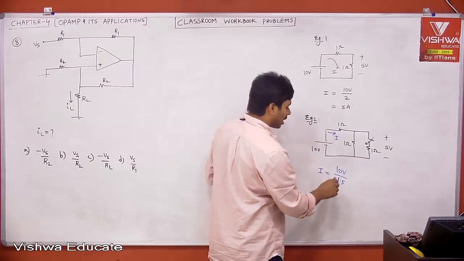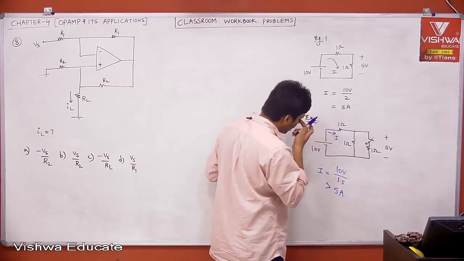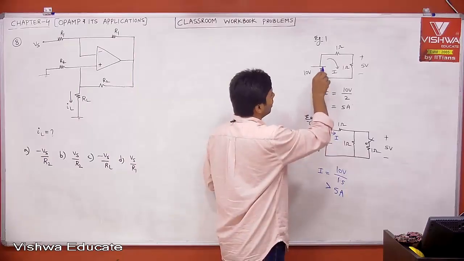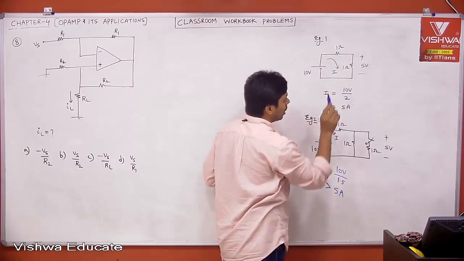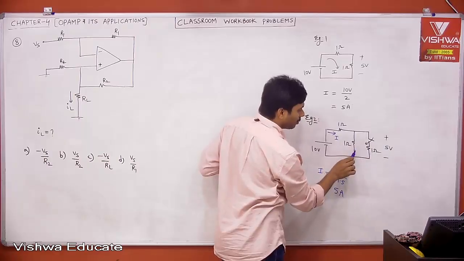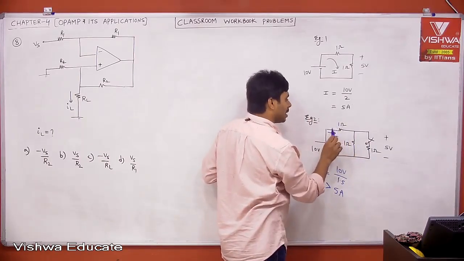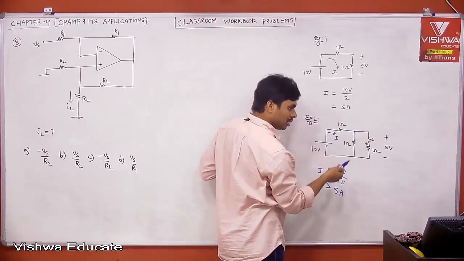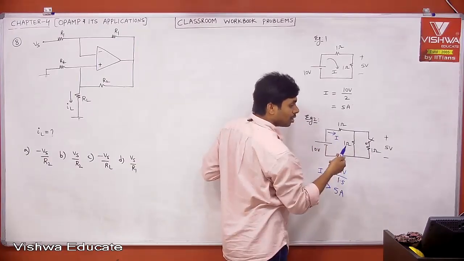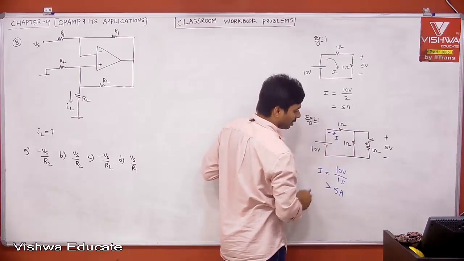Your current is now greater than 5 ampere. Why? Earlier, the total load for your 10 volt battery was 1 ohm plus 1 ohm, 2 ohm. Now it is 0.5 ohm in series with 1, 1.5. Resistance is decreased, therefore current is increased, more than 5 ampere.